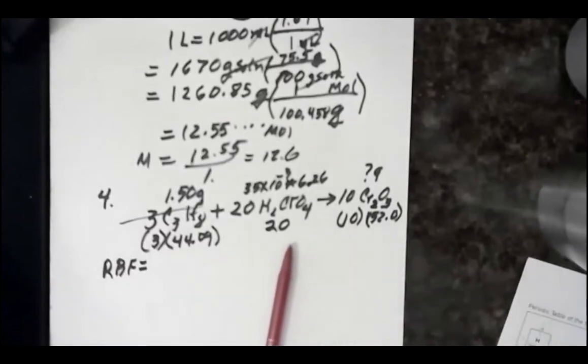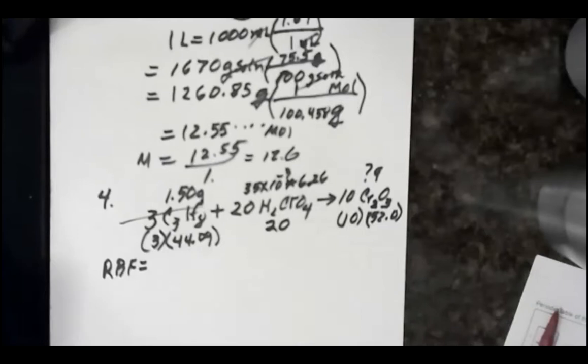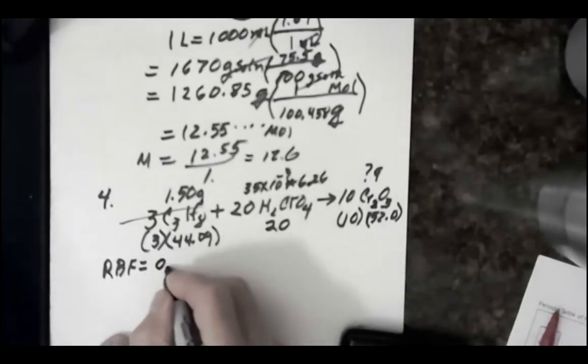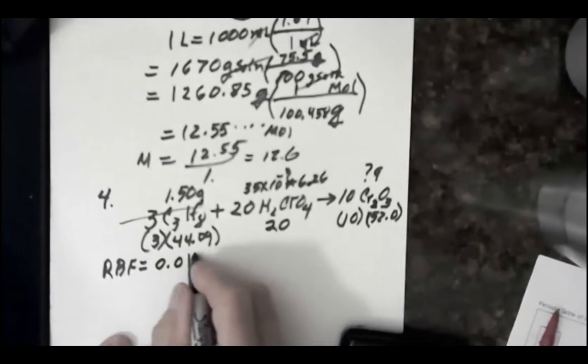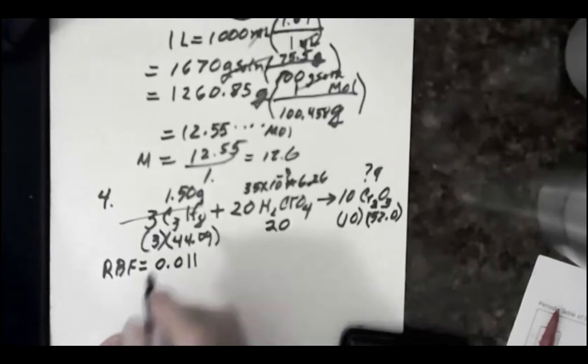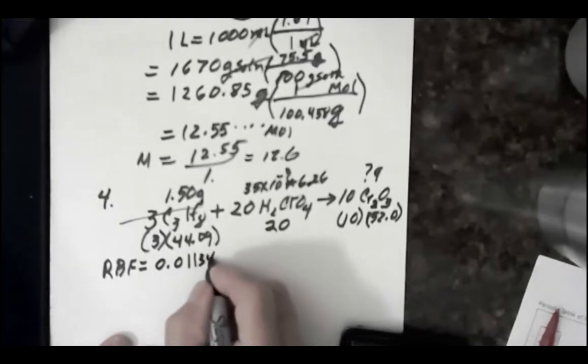I've got 1.5 divided by 3 and divided by 44.09. So I'll write it down. I would normally just keep this on my screen. 0.01134 and some other digits.